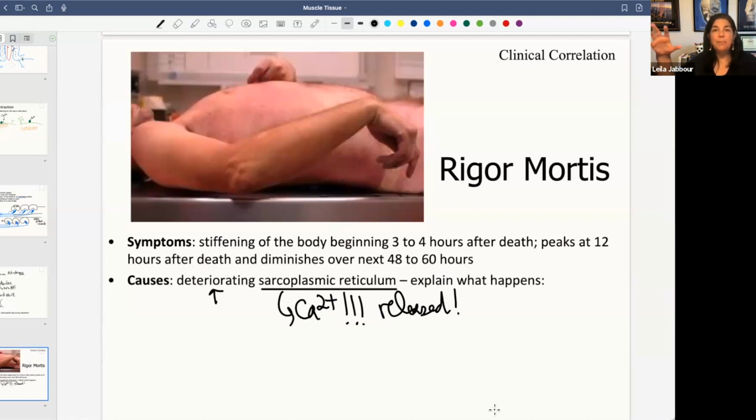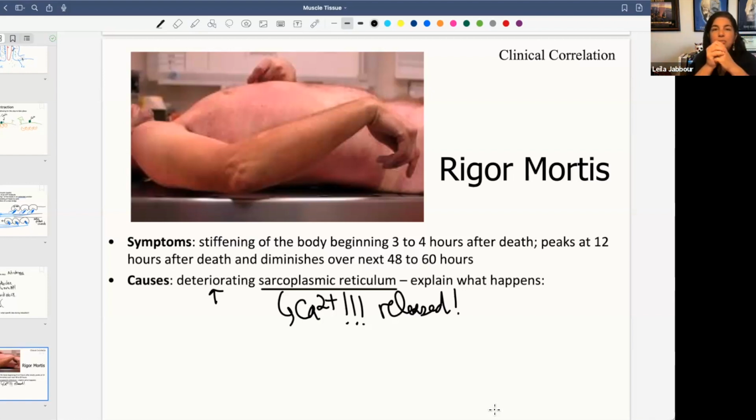And this calcium is going to bind to all the troponin because it's there. It didn't disappear yet. Troponin, tropomyosin complexes are there. So they're like, okay, let's do one final round of contraction. And that's what happens. Post-mortem, you have all this calcium release. You have one final contraction of the muscles.